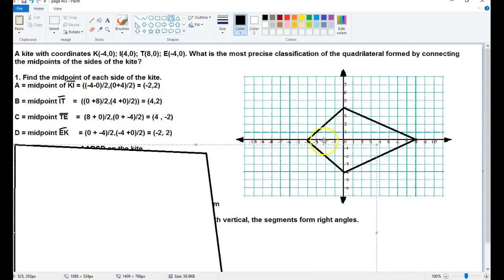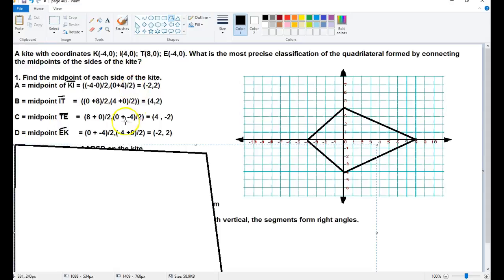So the midpoint of KI, this one would be KI, we do -4 minus 0 divided by 2, 0 plus 4 divided by 2, so we have -2, 2, so it would be right about there. Midpoint of this one, of I and T, would be 0, 8 over 2 and 4, 0 divided by 2.